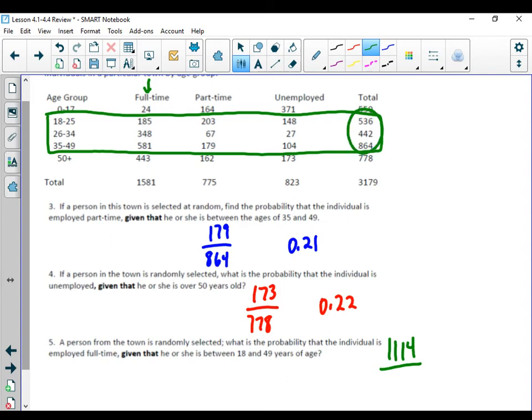So 536 plus 442 plus 864, I get 1,842. And again, you can leave it as that fraction, but if you wanted the decimal amount, you're looking at about 0.60. And that would be the probability for that one. So conditional probabilities with two-way tables, that's going to restrict your data.